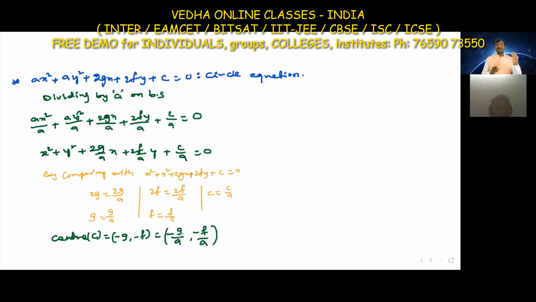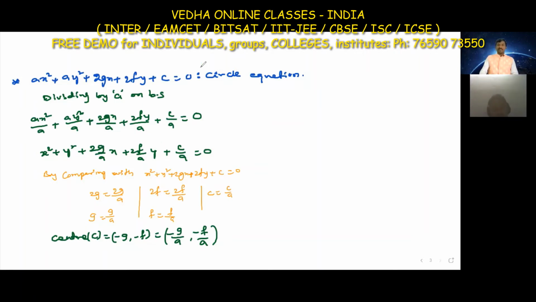Whenever we have the equation in the form of ax square plus ay square, where the coefficients of x square and y square are not equal to 1, like 5x square plus 5y square or 3x square plus 3y square, we can convert into general equation form by dividing by a, or we can take the direct formula also.